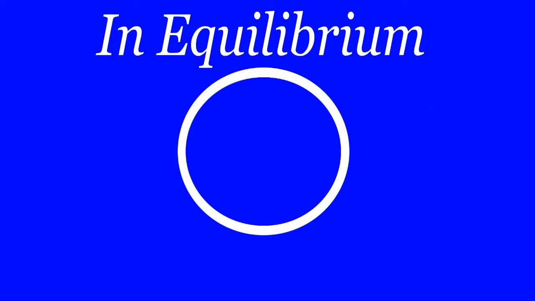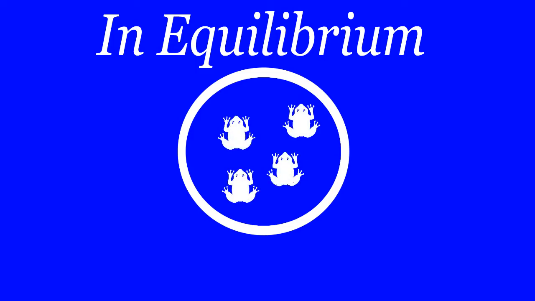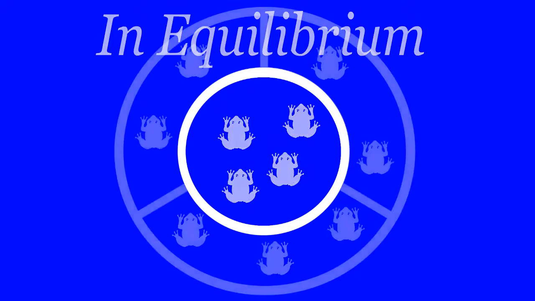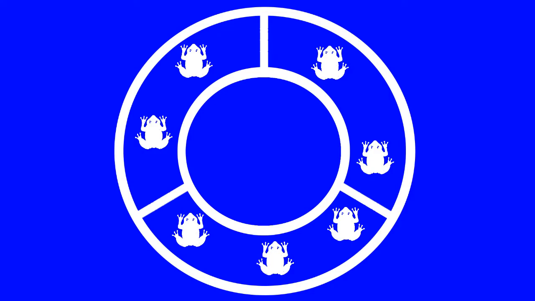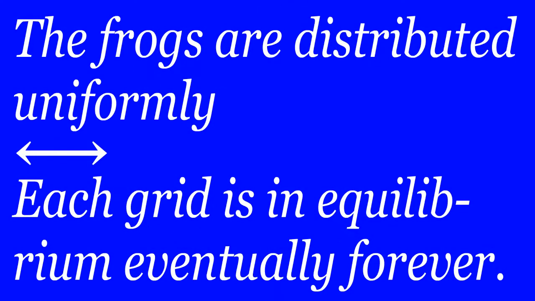Secondly, a grid is said to be in equilibrium if there are frogs in it, or there are frogs in all its 3 neighbors. Observe that the frogs will distribute uniformly if, and only if, there is some point that each grid will be in equilibrium, and will continue to be so forever.